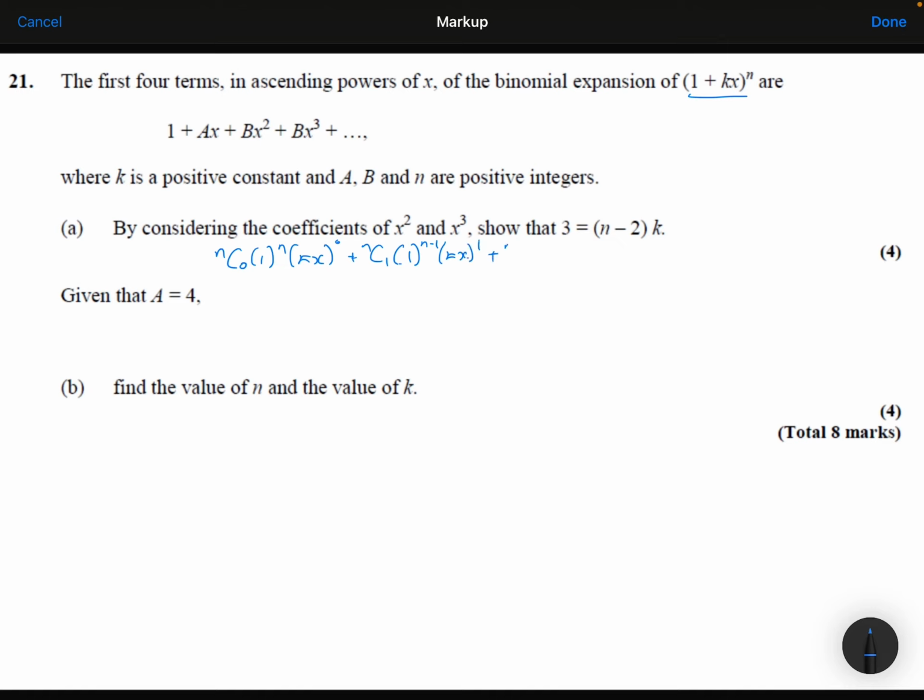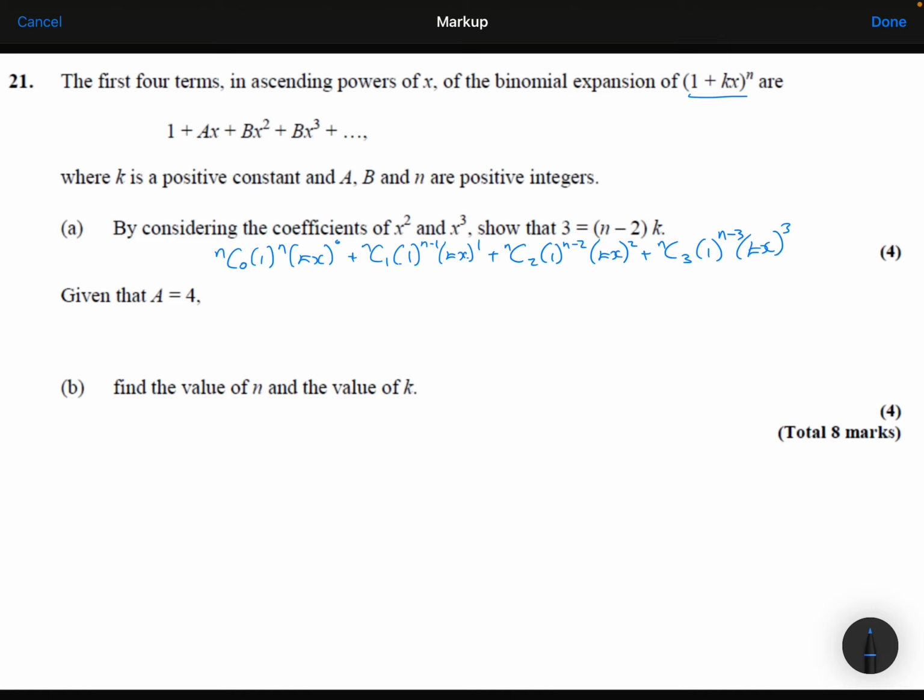My third term would be nC2 times 1 to the power n−2 times (kx)². The fourth term would be nC3 times 1 to the power n−3 times (kx)³.